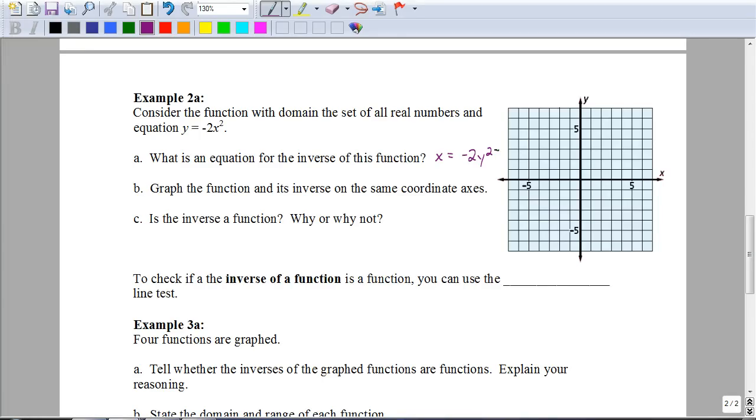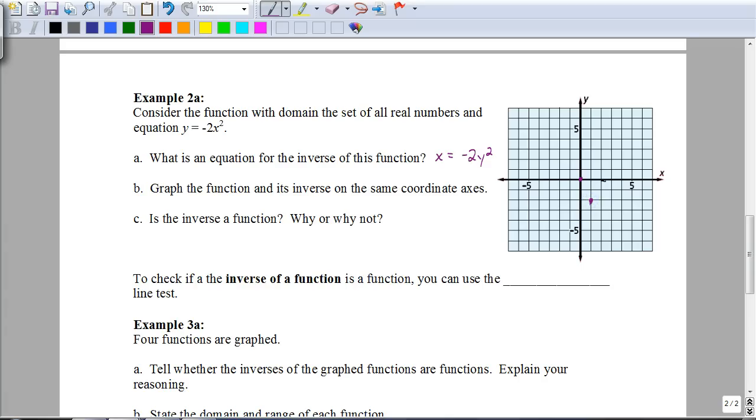Then it says graph the function and its inverse in the same axes. So the original function, let's do x just to make it easy. If you put 0 in here for x, obviously you're going to get 0 as your answer. If I put 1 in there for x, 1 squared is 1, times negative 2 is negative 2. So when x is 1, y is going to be negative 2.